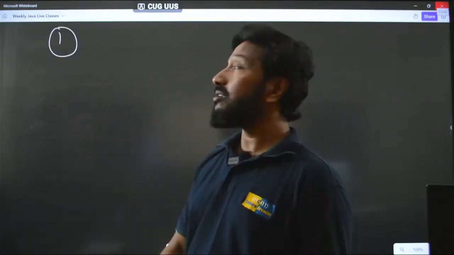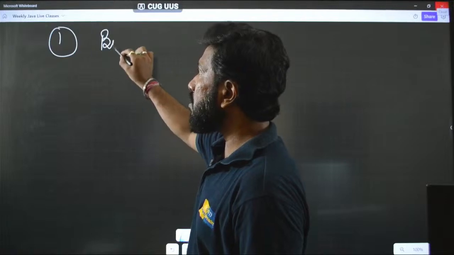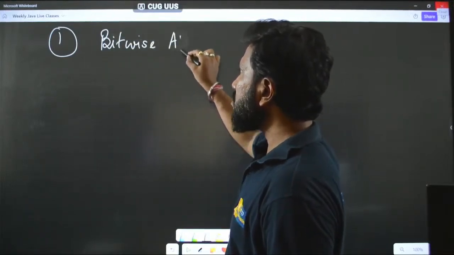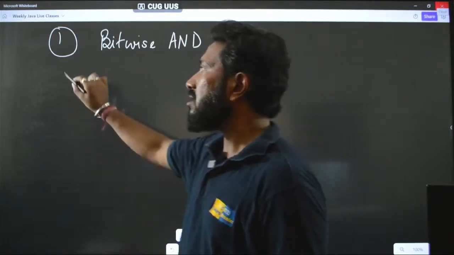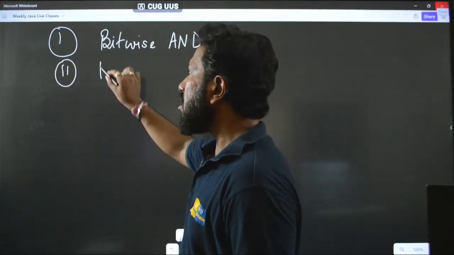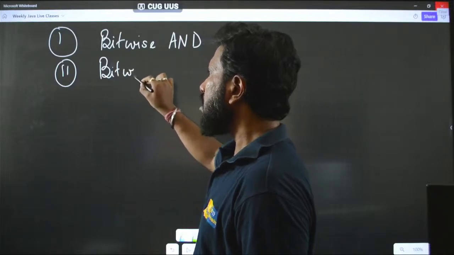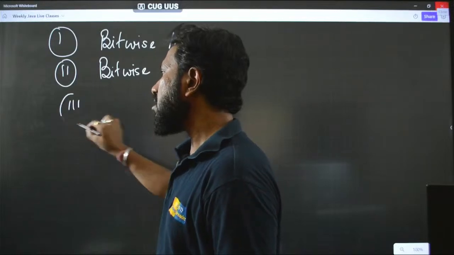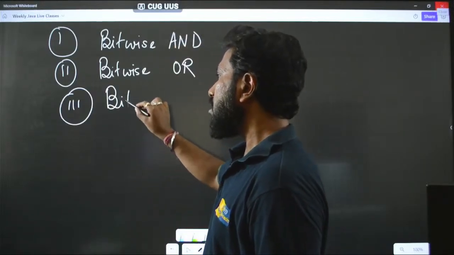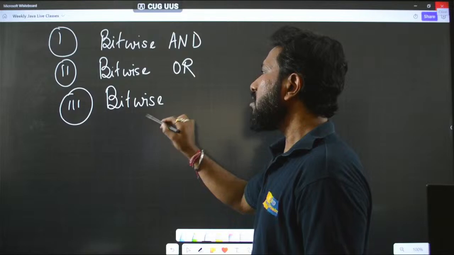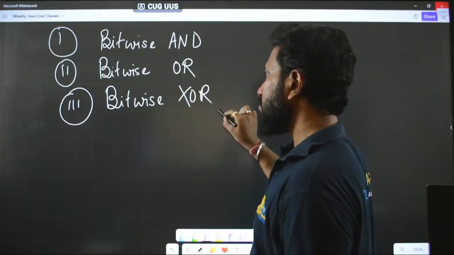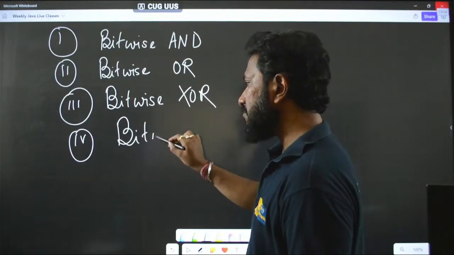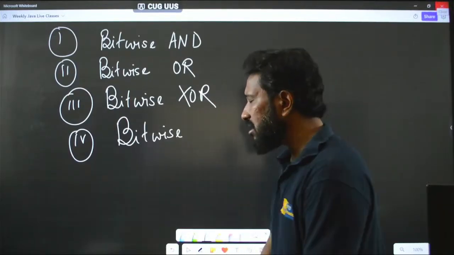operator that we have with us is the bitwise AND, the second one is bitwise OR, the third one is XOR. The fourth and the fifth one, they are called the shift operators.